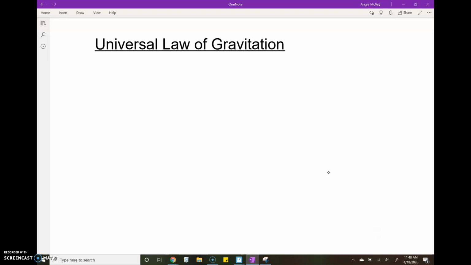So what Newton came up with, and this was pretty crazy, is he came up with a relationship that said the force exerted by gravity between two objects is proportional to the product of the two masses and divided by how far they're separated, center to center squared.